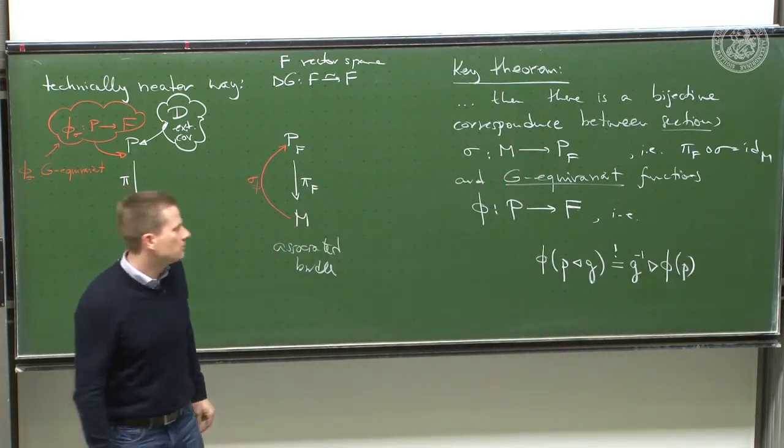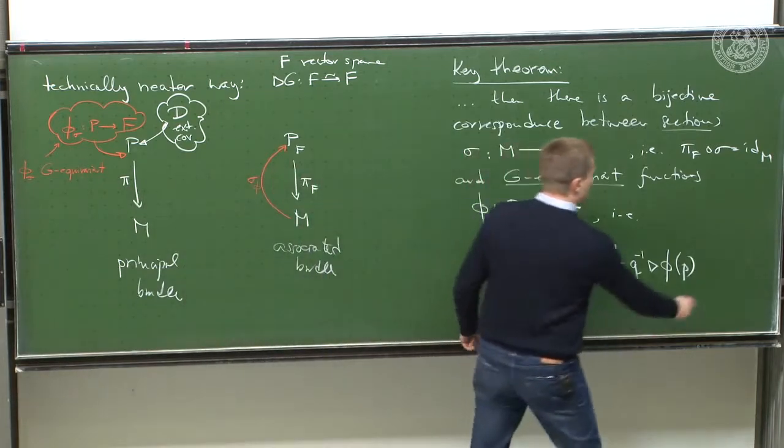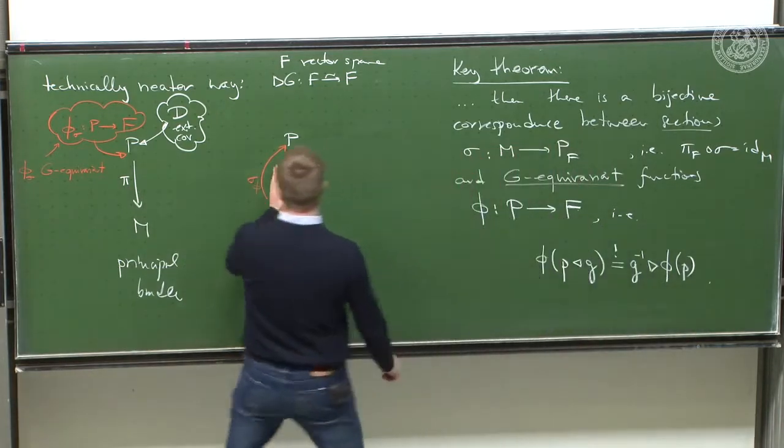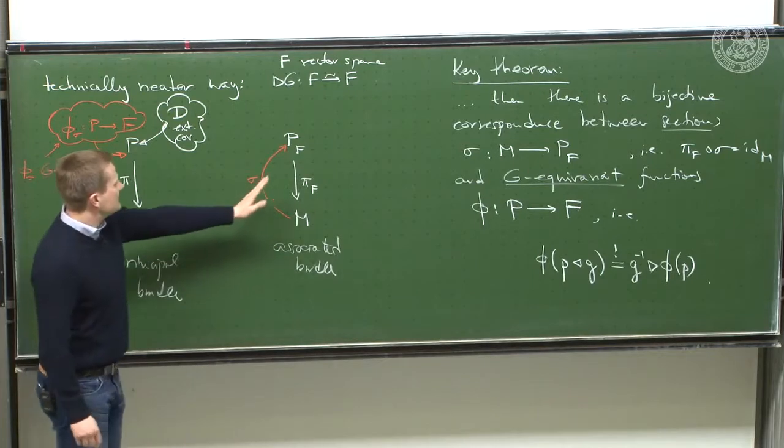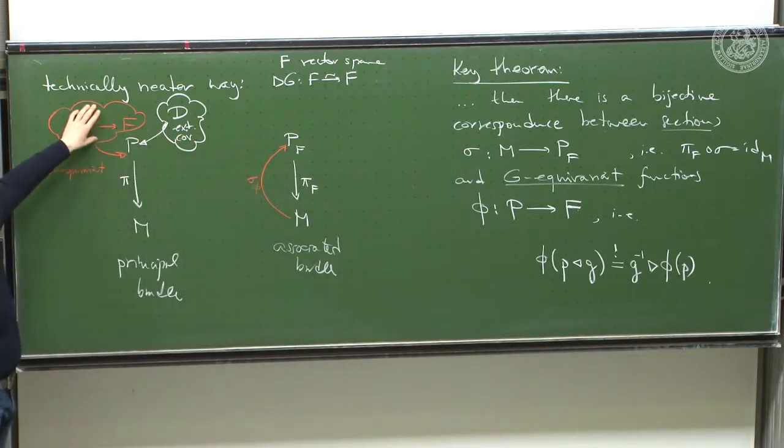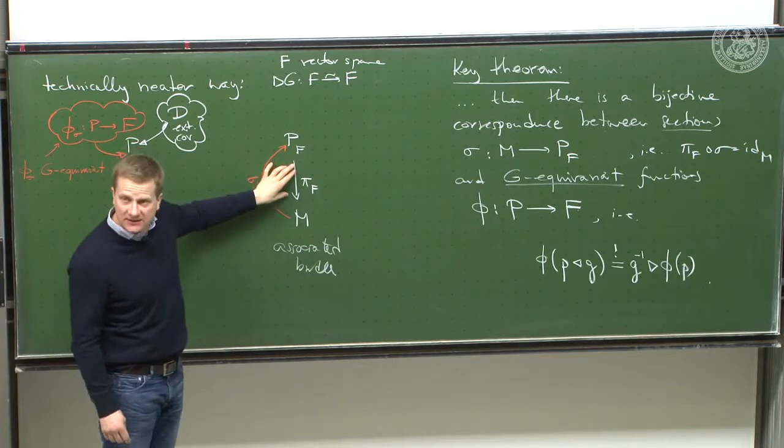Okay? And the statement is, whether I speak about a section here: if I have a section here, I can always construct a G equivariant function up here. If I have a G equivariant function up here, I can always construct a section.